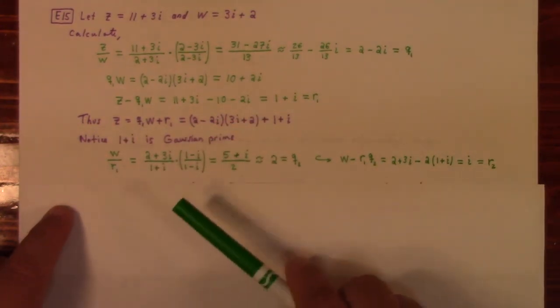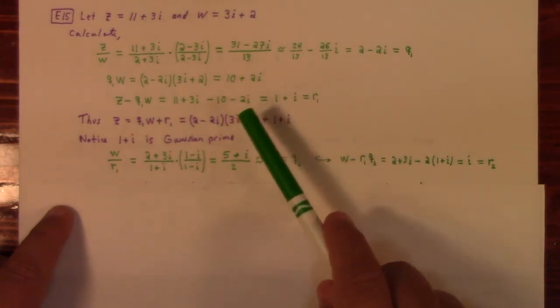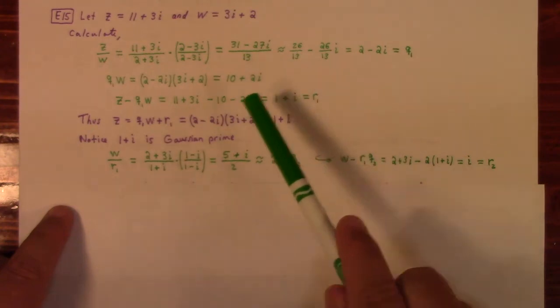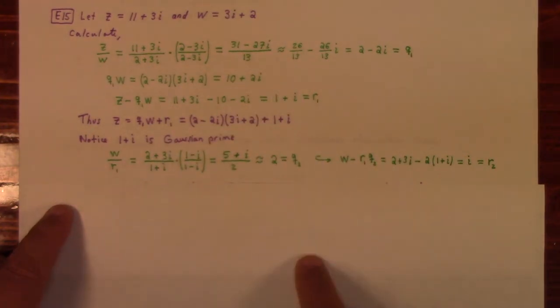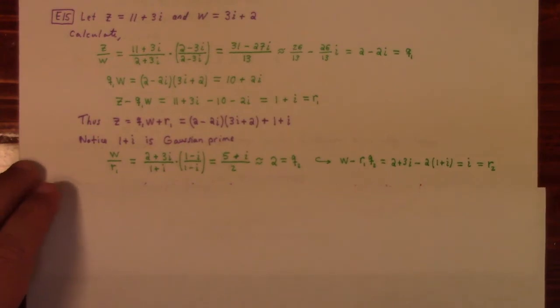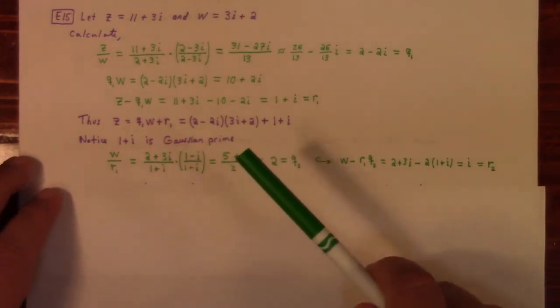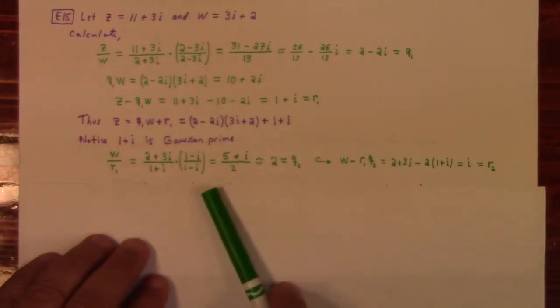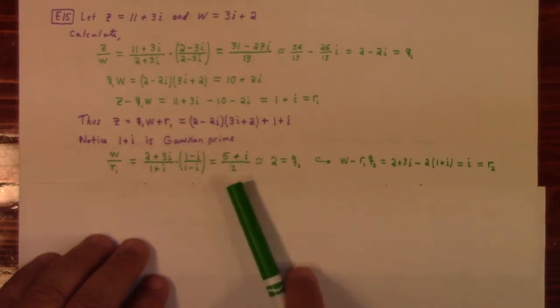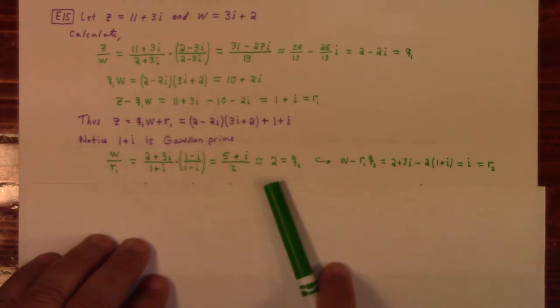Next, moving on, w divided by r1. The next thing we do is divide the divisor by the first remainder, using the usual approach. And what happens? Well, we've got 5 plus i over 2, and if it's close to a real number, then use a real number, it's easier.